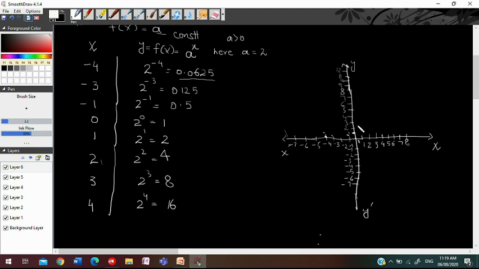When x is 2, y is 4, and when x is 3, y is 8. This here.